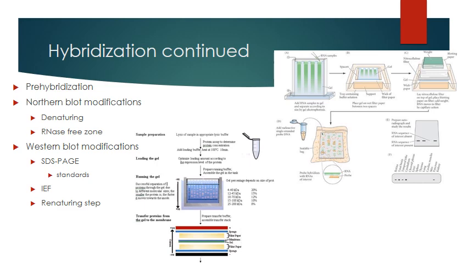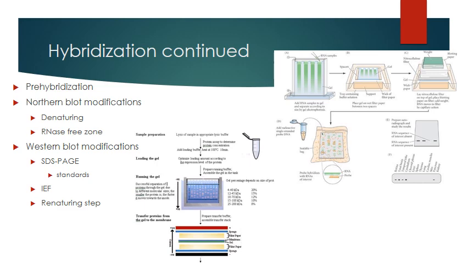So the pre-hybridization step is where you incubate the membrane you're working with in the same buffer that you're eventually going to have the probe in. That allows you to prepare all of the sequences for interaction with the probe, whatever the probe is. And it can take several hours, so it does add time to your procedure.